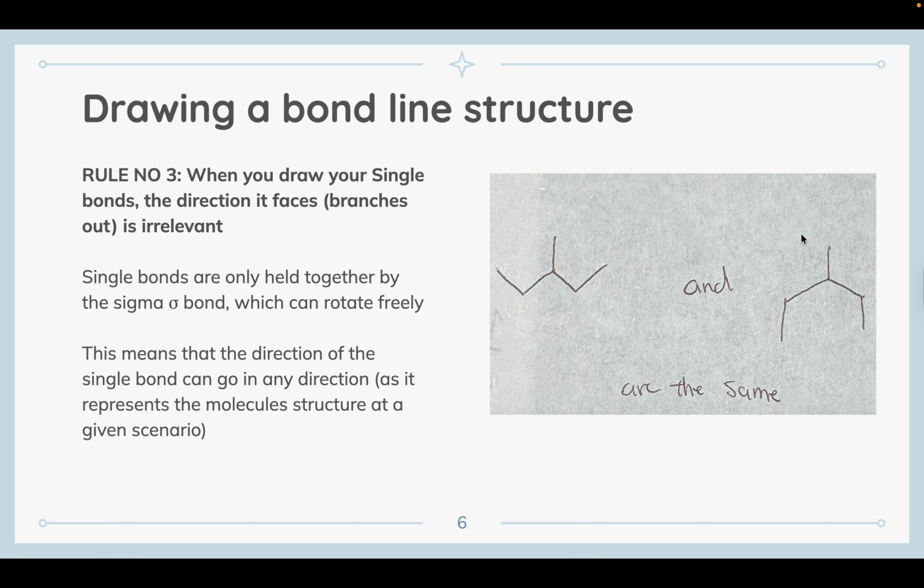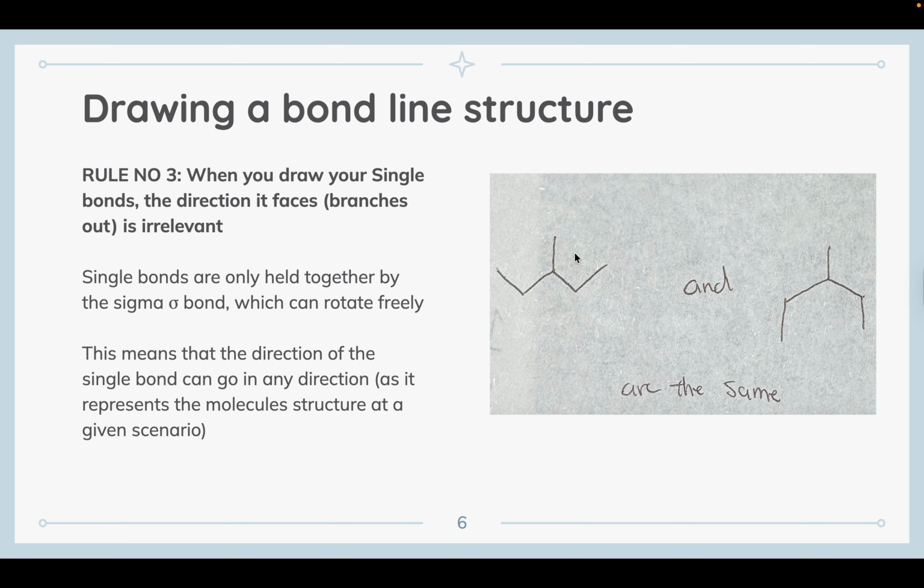And then the one on our right, we have 1, 2, 3, 4, 5, and then 6 carbons. Now, at first glance, you might say, oh, it's facing a different way, these must be different compounds. I wouldn't blame you if that was your answer. But in reality, they're actually the same molecule.